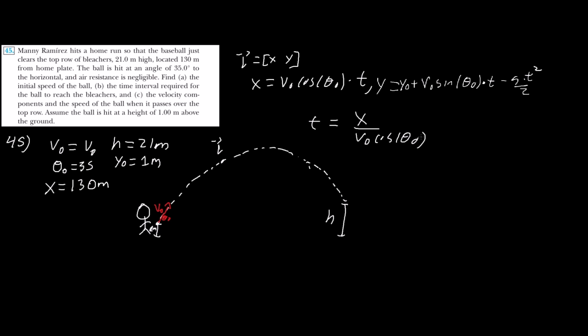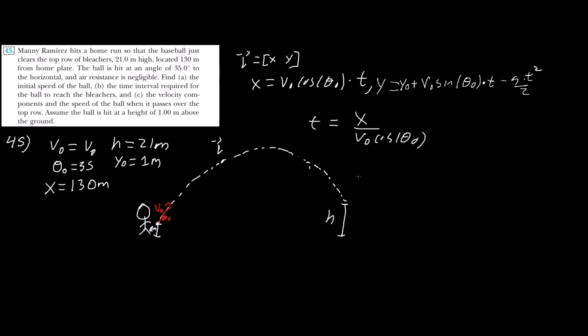We're going to plug that equation in here. So y minus y naught is going to be v naught sine of theta naught times x over v naught cosine of theta naught, minus g over 2 times x squared over v naught squared cosine squared of theta naught.